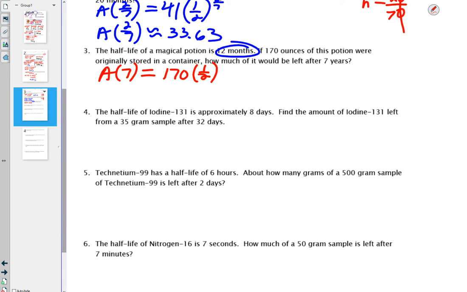You might even want to get in the habit of putting that as 0.5, because this is so calculator intensive, maybe that'll help some of you. Let's start doing it that way. You're going to use the calculator so much. So 0.5 to the power of 7. And that should give you approximately 1.33. We're measuring in ounces, so 1.33.